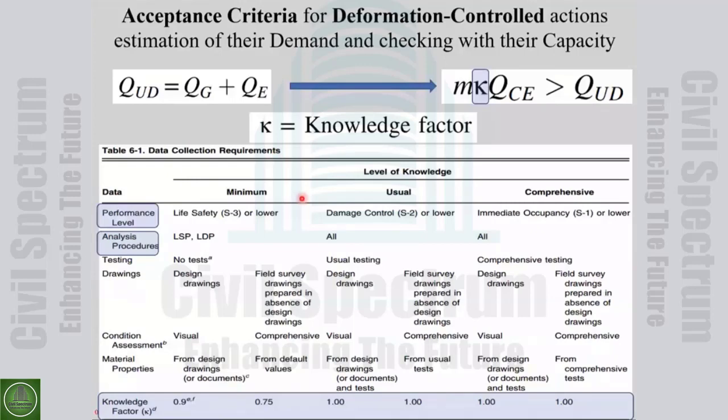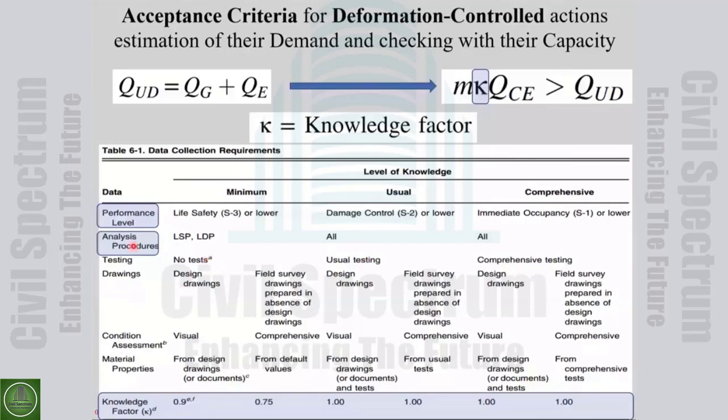They don't say that you should do this many tests here, because sometimes they don't let you do that many tests. So instead of doing this level of testing or that level of testing, you do it for this level of performance and this level of analysis.